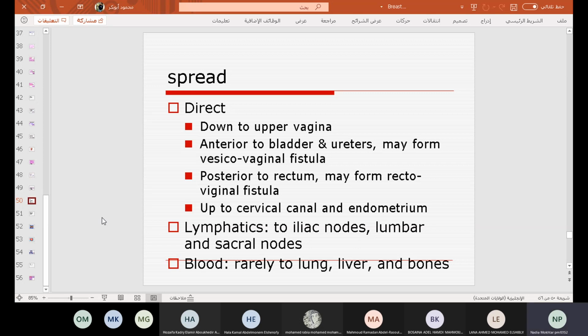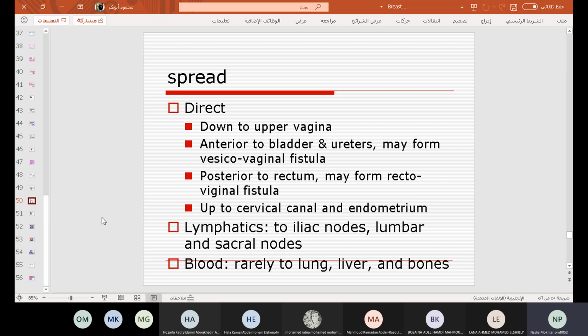Posteriorly, what will you find? The rectum. So it can again form a rectovaginal fistula or a rectocervical fistula. This is posteriorly. If it goes up, then it will find the endometrium, and it can invade the endometrium going up through the cervical canal. So it's downwards, anterior, posterior, upwards, anywhere.